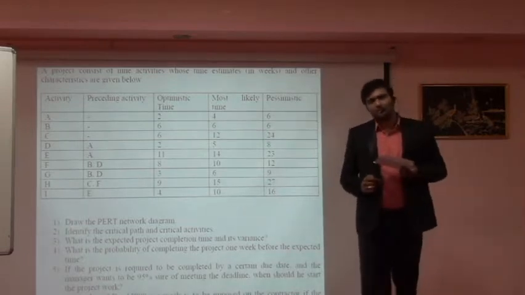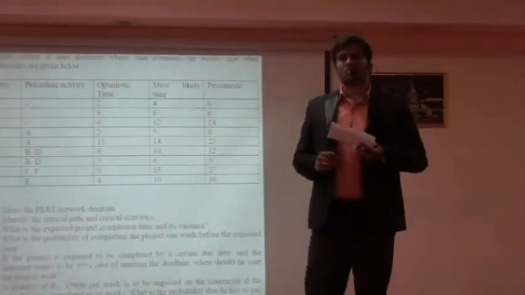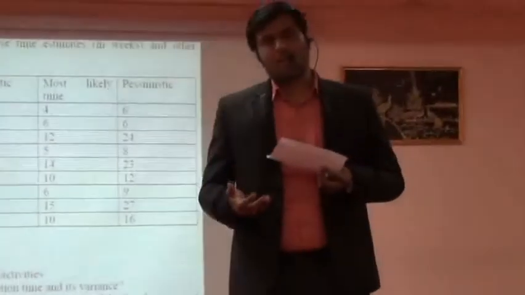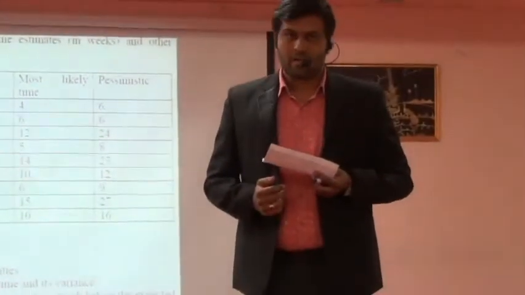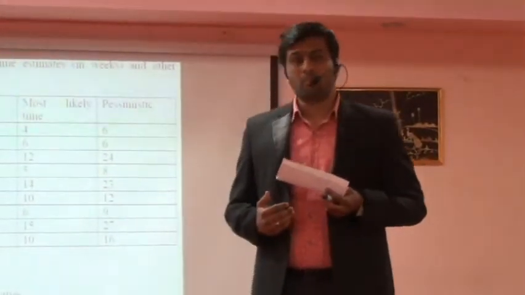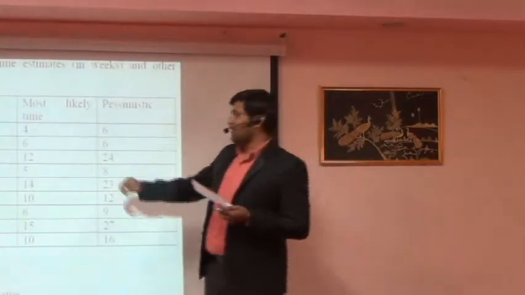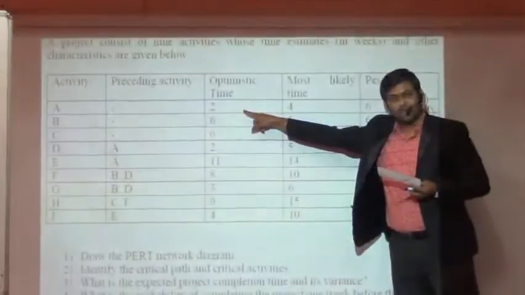Let me give an example. If you need to paint the body of a car in a manufacturing company, it might be possible that you are working efficiently and can complete the painting in the optimal time, that is 2 weeks.